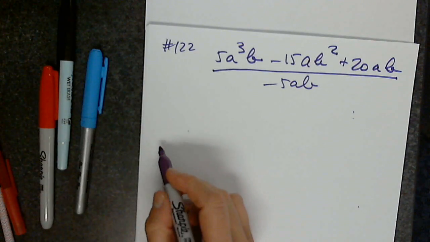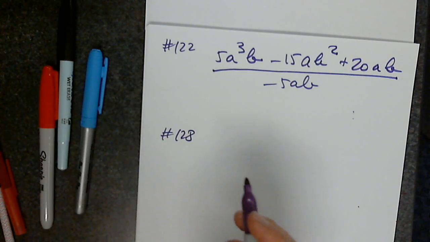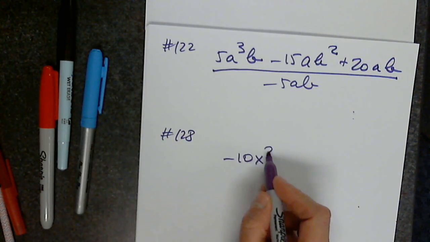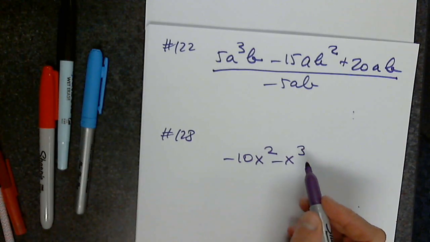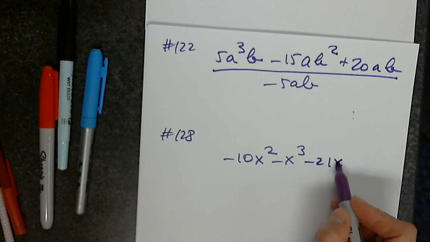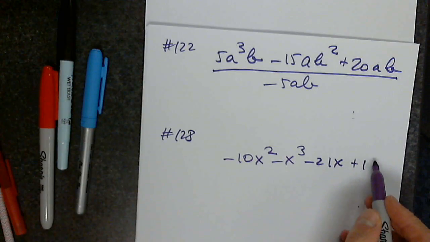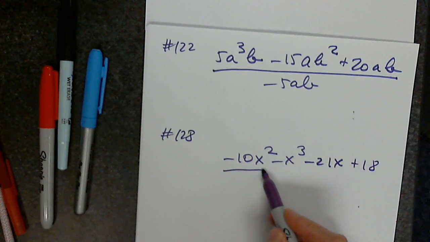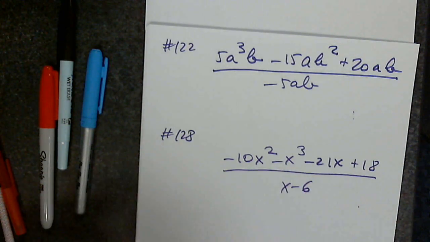And then one more, 128: -10x squared minus x to the third minus 21x plus 18, over x minus 6.